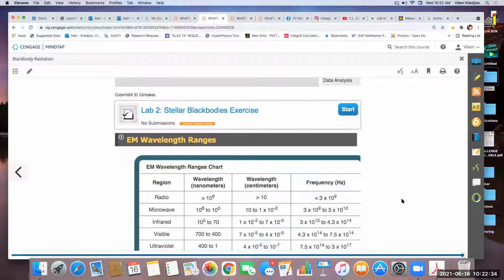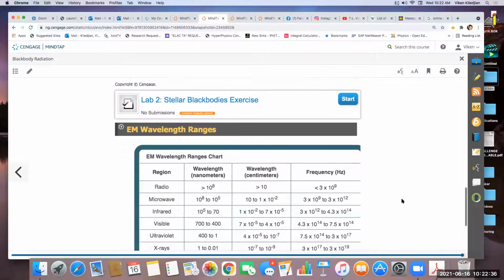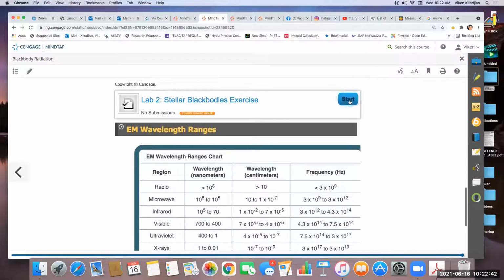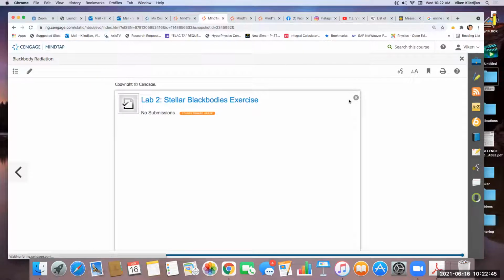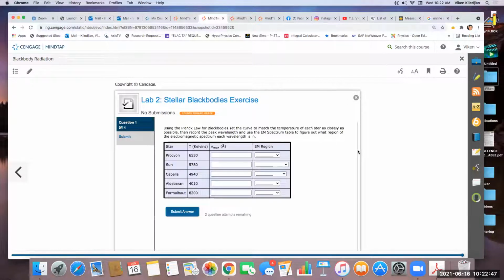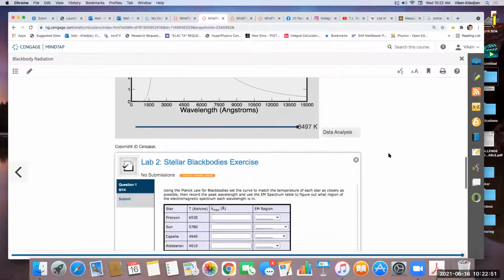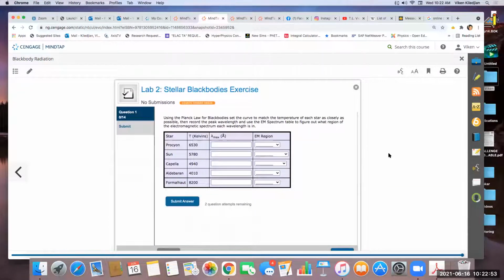Okay, now stellar blackbody exercise. So they gave you the region of the spectrum too. Let's see what we're gonna do here. Start. Okay, I guess it's something similar, but this time they actually gave star names: Procyon, Sun, Capella, Aldebaran, Fomalhaut.